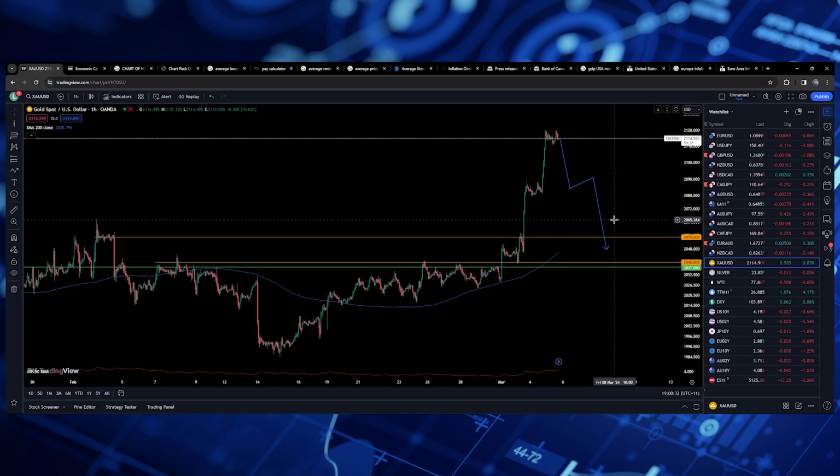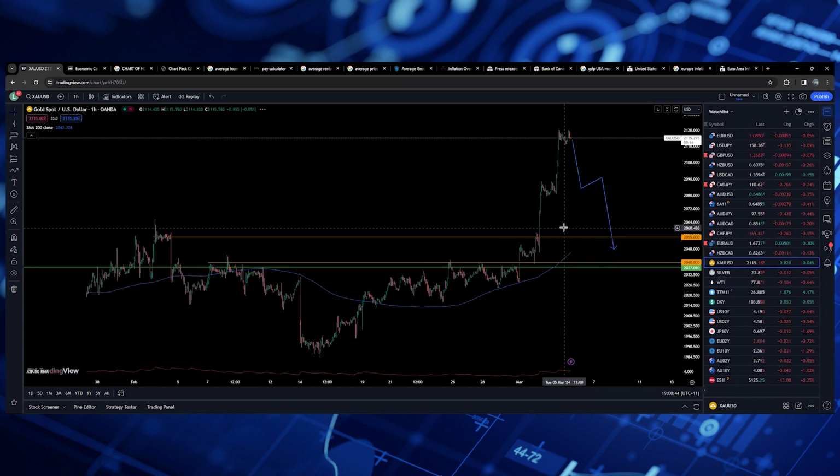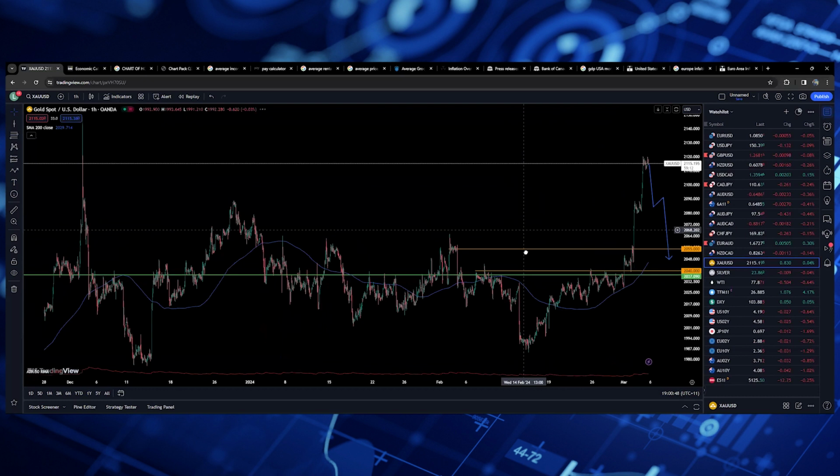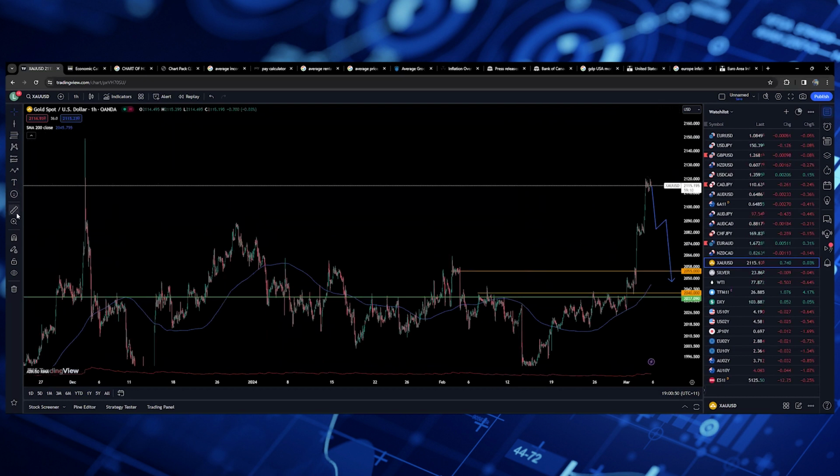All right, because gold doesn't have much to trade right now as of news events, but we are at a pretty high point at the moment, very close to breaking through the all-time high.